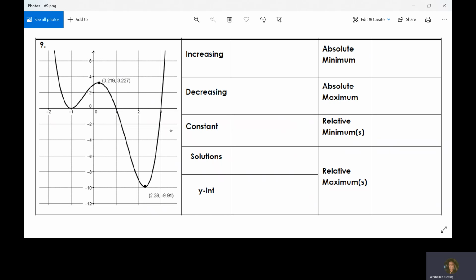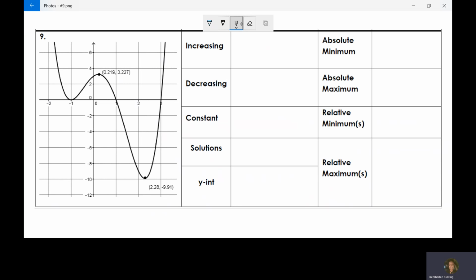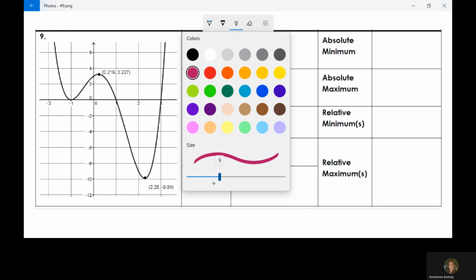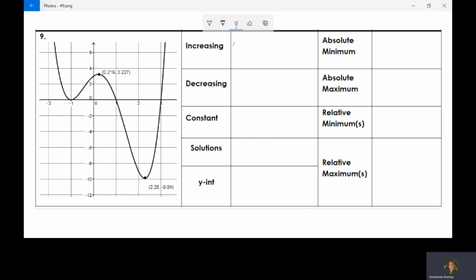All right. This function is increasing from -1 to 0.219 in union with 2.28 to infinity.